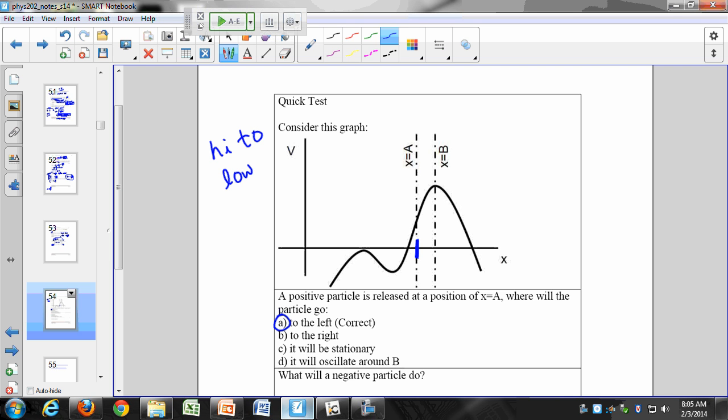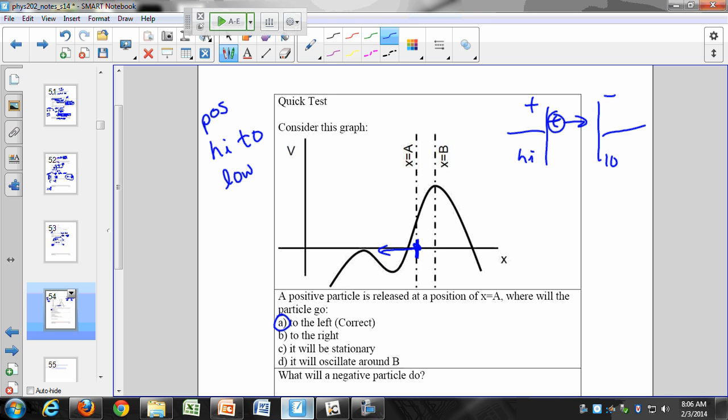Excuse me, positive particles move from high to low. If I remember my plates, I have a positive plate and a negative plate; this is high, this is low. My positive particle will move in that direction. So if I release a particle here, it's going to move in this direction.